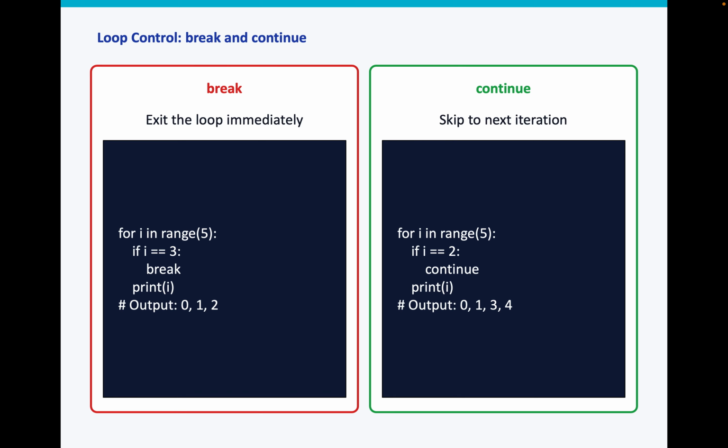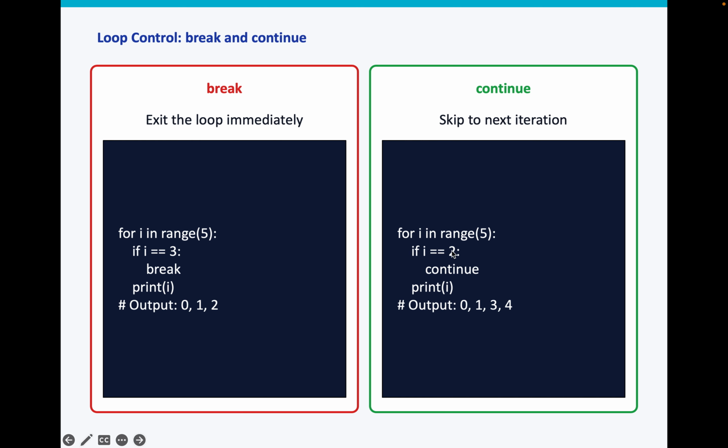Continue skips the rest of the current iteration and goes directly to the next one. For example, for i in range(5), if i == 2, continue. The output will be like this: 0, 1, 3, 4.